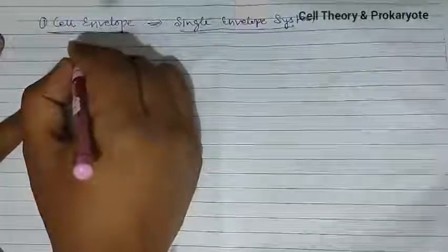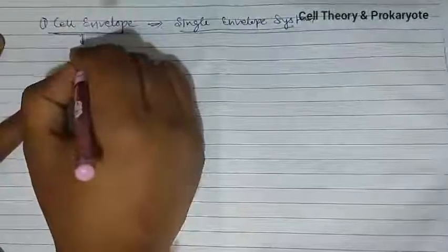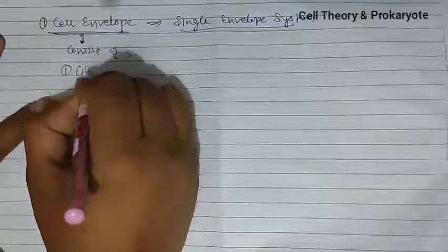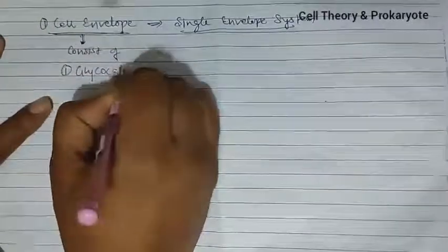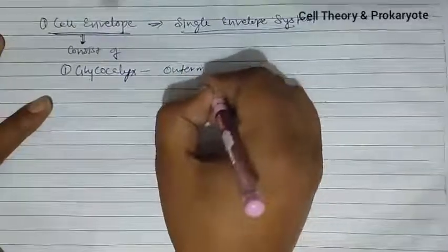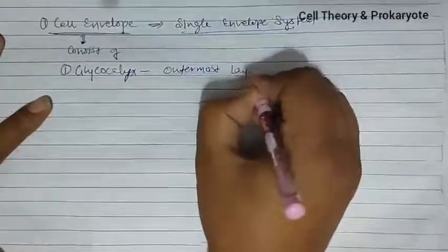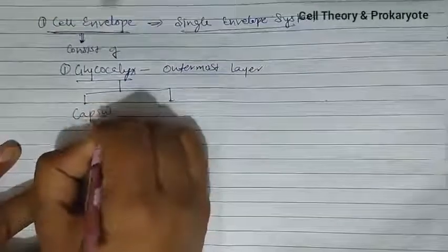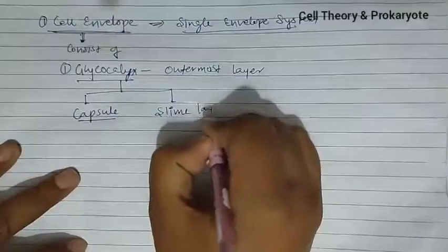Now this cell envelope consists of, or is made up of, first glycocalyx, and glycocalyx is the outermost layer. Now this glycocalyx is of two types, that is capsule or slime layer.